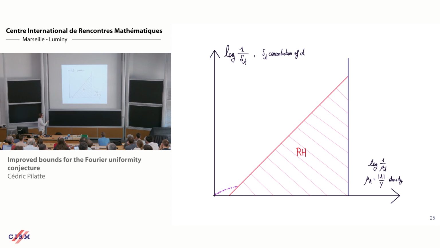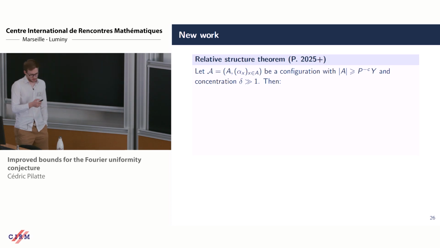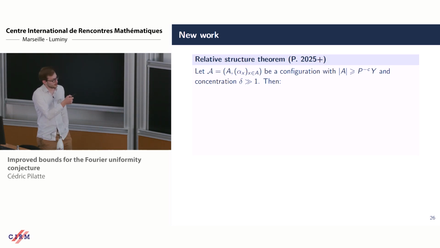I'm going to tell you what you can do if you don't assume the Riemann hypothesis. And it turns out you can use some ideas from this proof to prove the following theorem. So this is the key ingredient in my new work, that it's a relative structure theorem.